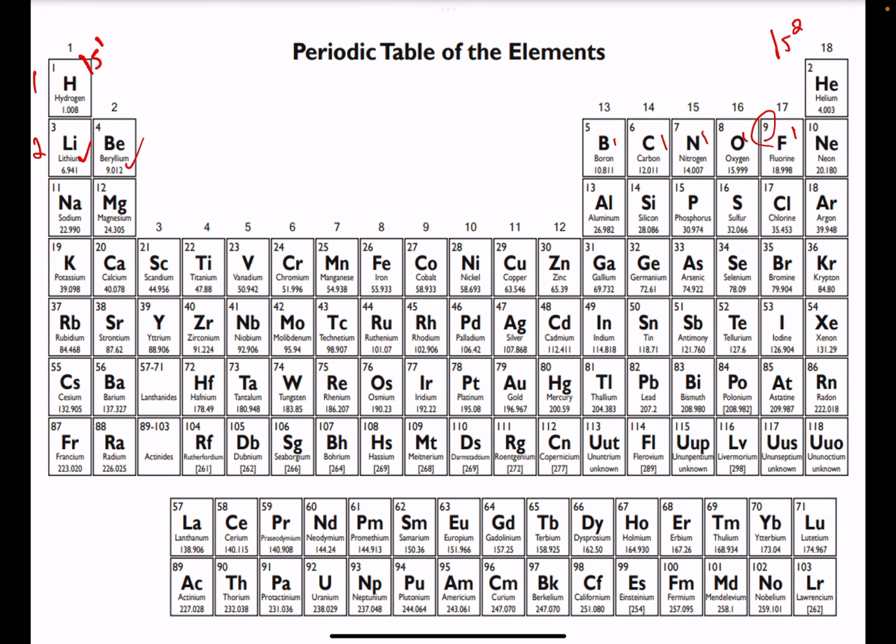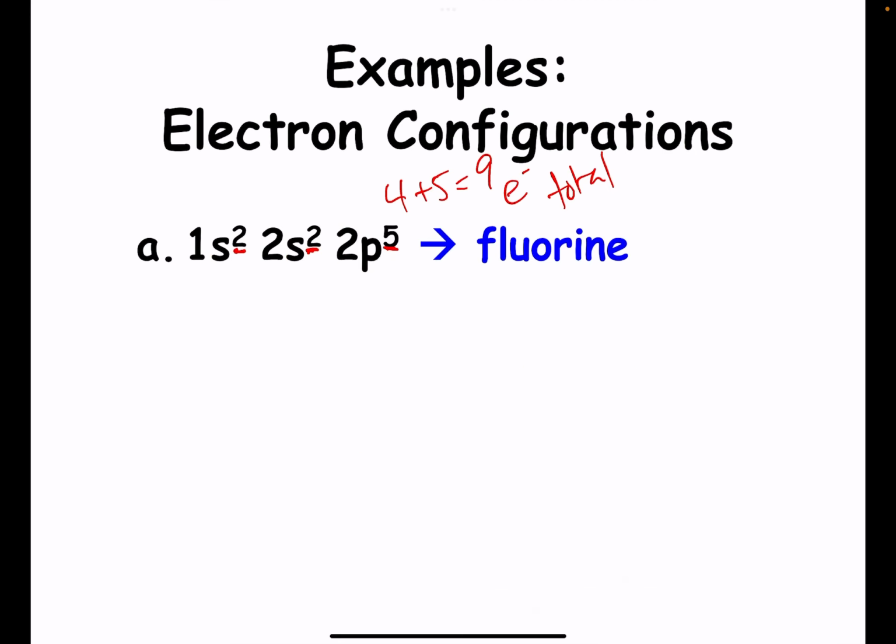Does fluorine have 9 electrons? A little bit of review: the atomic number for fluorine is 9. In a neutral atom, the atomic number is equal to the protons, and protons are equal to the electrons. So 9 and 9, which is correct. So that would be right.